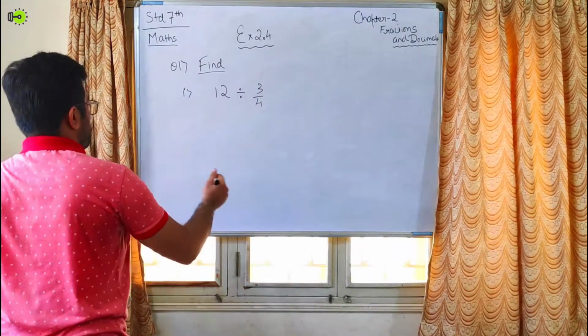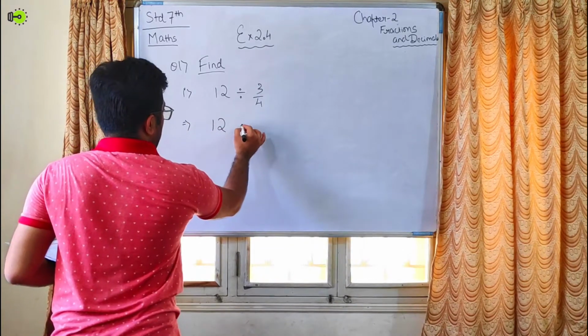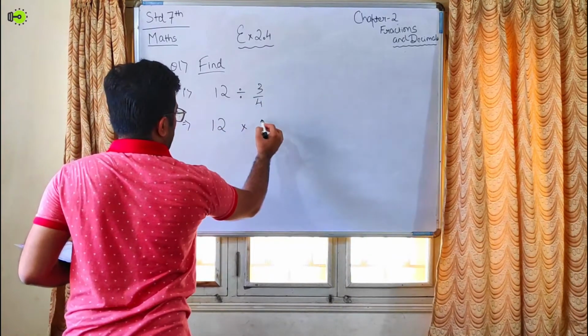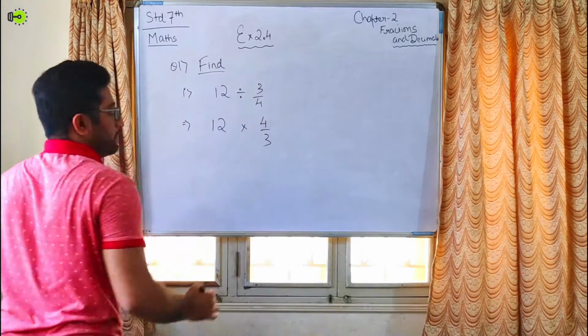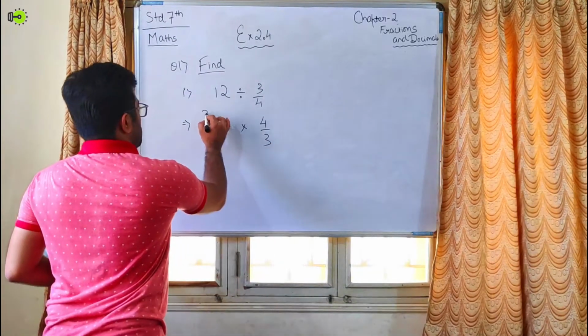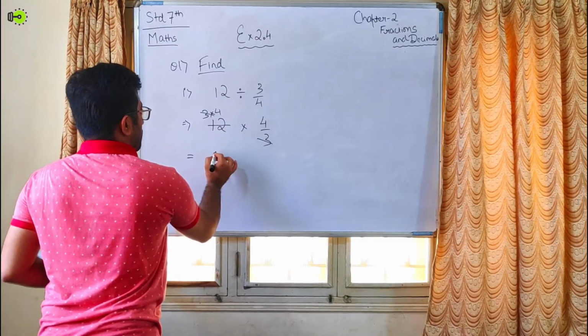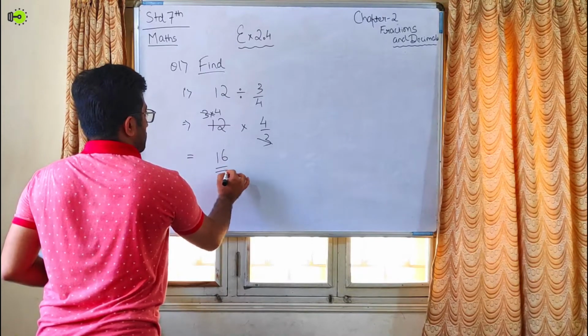So we will follow the concept, that is 12 multiplied by the reciprocal of this, that is 4 by 3. Now see whether there is something in common. Yes, this is 3 into 4, so we will cut out. Our answer will be 4 fours are 16.